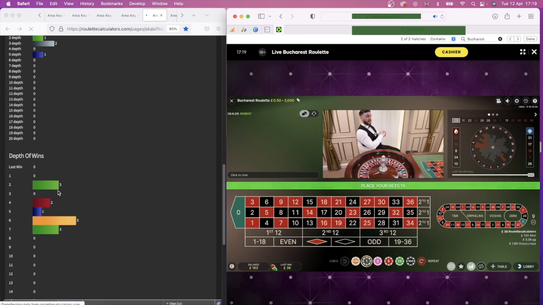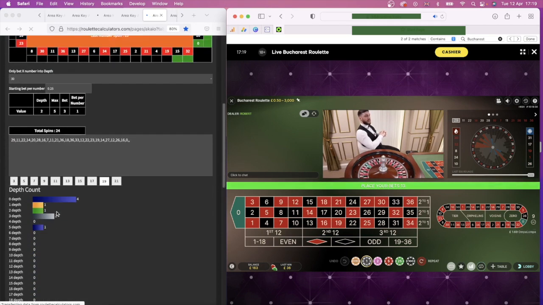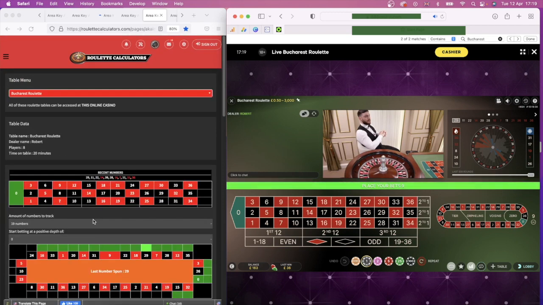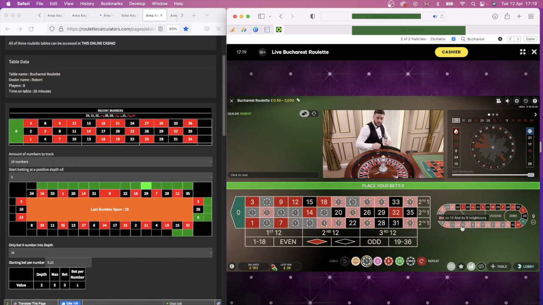Now I'm going to risk it again. It's only gone to a depth of 2 once. It has gone to a depth of 3 and a depth of 5. So let's just go straight in with that, covering up to number 19.